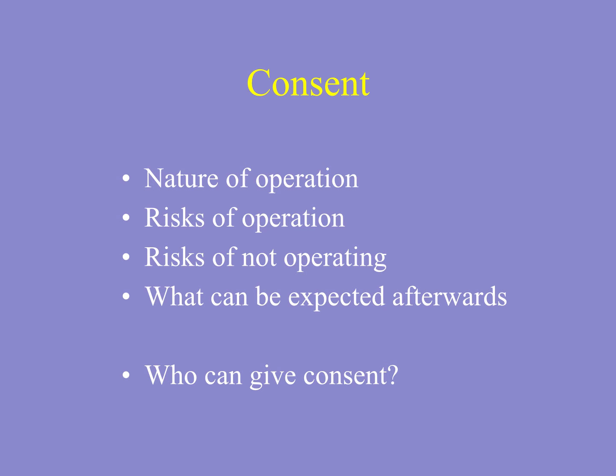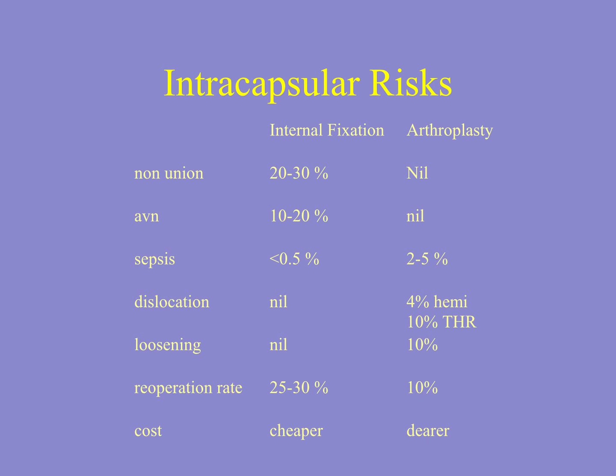Let's go back and look at the differences between internally fixing and replacing the femoral head. Internal fixation is a smaller operation and it's cheaper, but there's a significant risk of non-union and avascular necrosis, and this means that there's a 25 to 30% risk of reoperation, because avascular necrosis can still occur even in an undisplaced fracture.